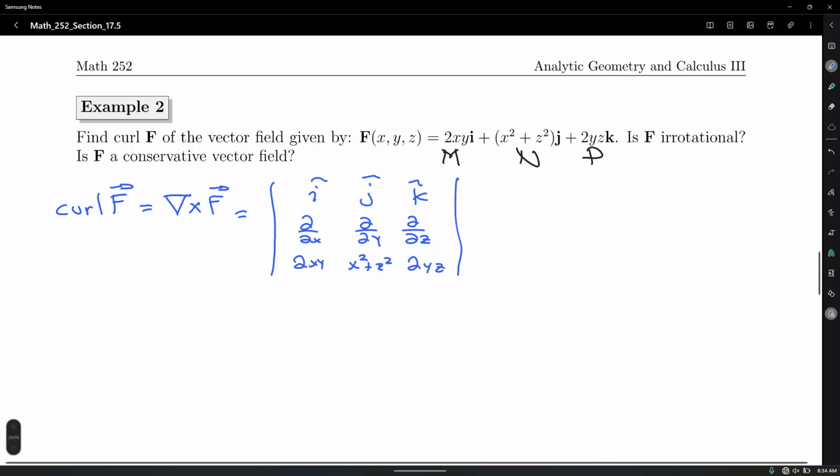You know how to evaluate a 3 by 3 determinant. You can use the definition, expansion by cofactors, which is the more formal way. Or you can use Sarrus's rule I showed you at the beginning of the semester, but that's more like a shortcut, more like ghetto math, if you will. But if it works, it works. That's fine. However, I'm not going to do either of those two.